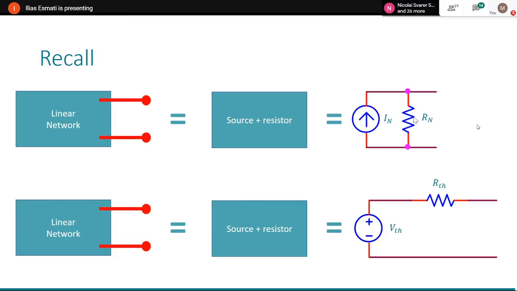We can use either the Norton or the Thevenin, or if we have information about the Norton current and Norton resistor, we can also go to the Thevenin voltage and Thevenin resistor. So please see the previous lectures, PowerPoints, if you missed the lecture.